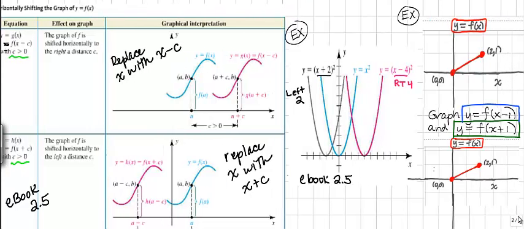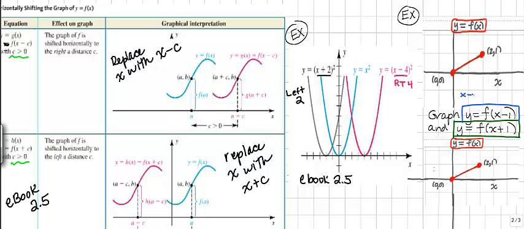Okay, now let's do an example together. If I have the same graph I gave you earlier, the line segment through (0, 0) and (2, 1), and I wish to graph f of x minus 1. Notice it's f parentheses, x minus 1 parentheses. That means x minus 1 is replacing x. And essentially, let me just show you.